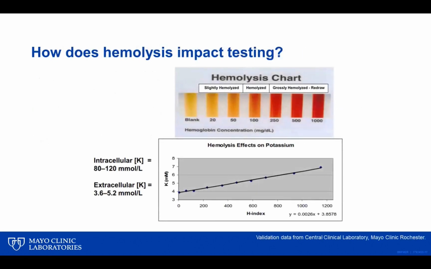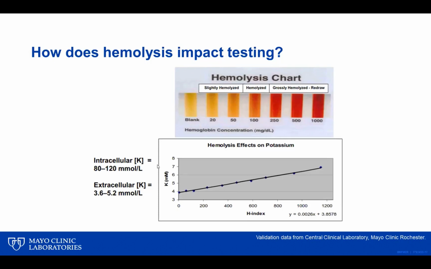So when we think about how hemolysis impacts testing, potassium is the analyte that we traditionally use to teach students and illustrate the impact that hemolysis can have on laboratory tests. Because of the concentration gradient between intracellular and extracellular potassium, significant elevations in potassium can result from rather modest levels of hemolysis.